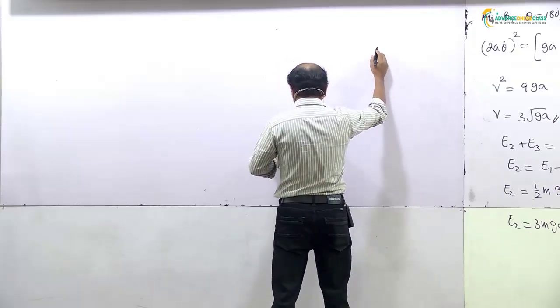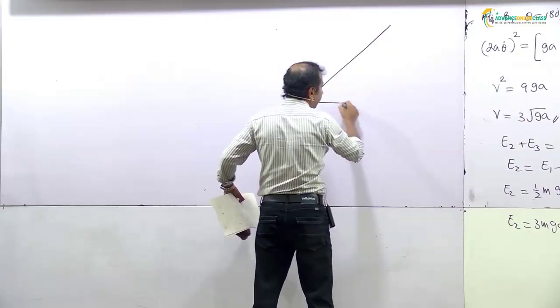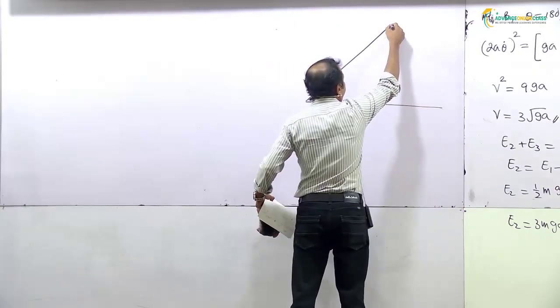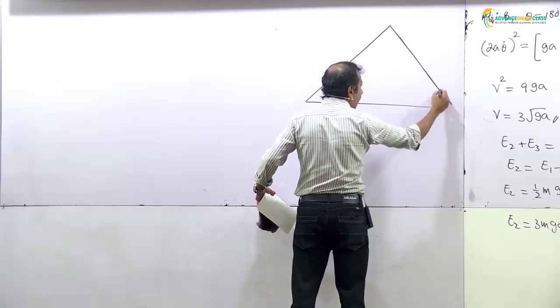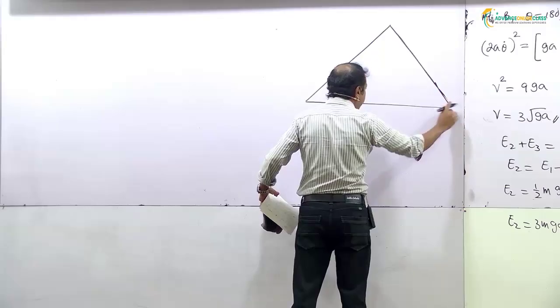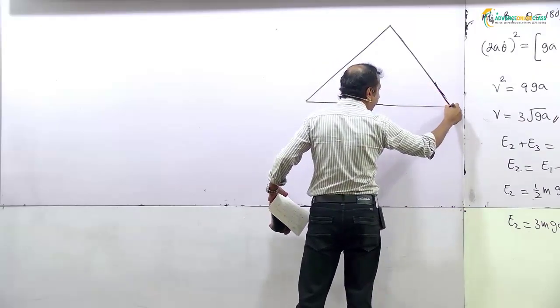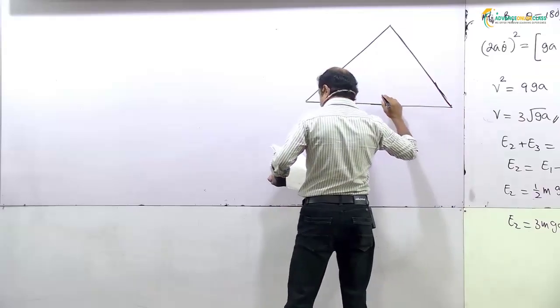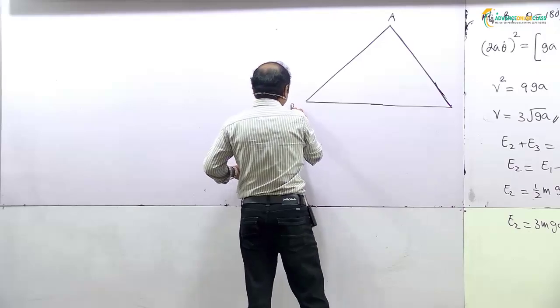This way we have the triangle, with A, B, C here.